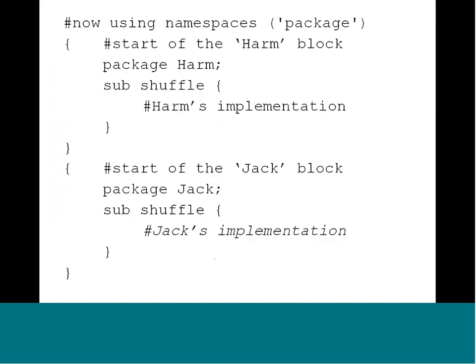So to avoid this we use the package. We will have the package Harm, and inside that we still use the same name, which is shuffle, followed by Harm's implementation. Then we will have Jack's block with a package called Jack, and it also has the same function, shuffle, with Jack's implementation.